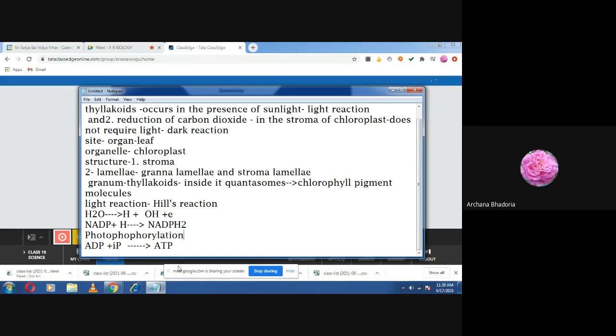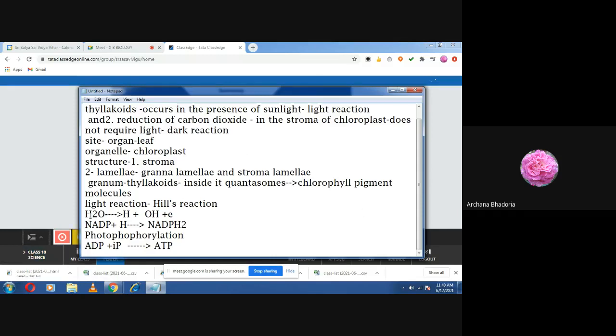When the ADP, adenosine diphosphate, combines with one inorganic phosphate molecule, it then has 3 phosphates, so we call it triphosphate. First it was ADP, diphosphate; when it combines with one more phosphate, it forms ATP. And children, this is a combination reaction, so the combination reaction will need some energy. Energy will be provided by this photolysis of water.